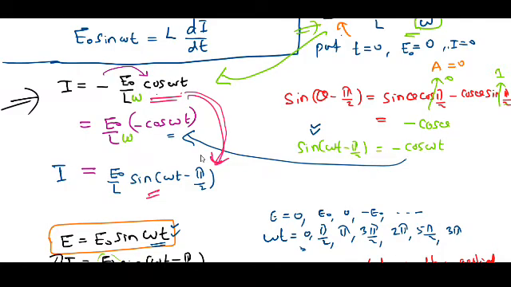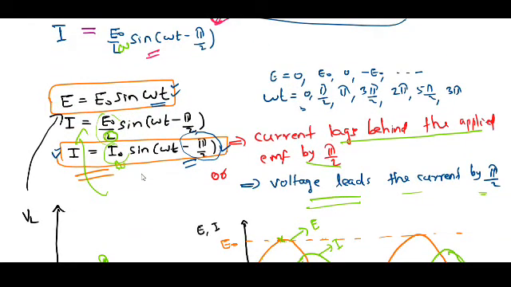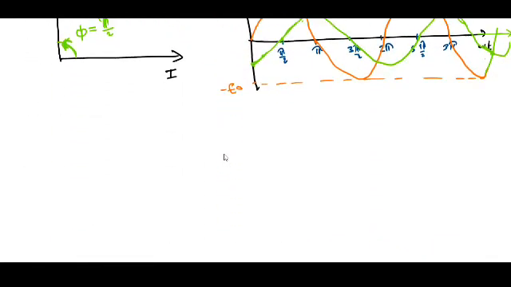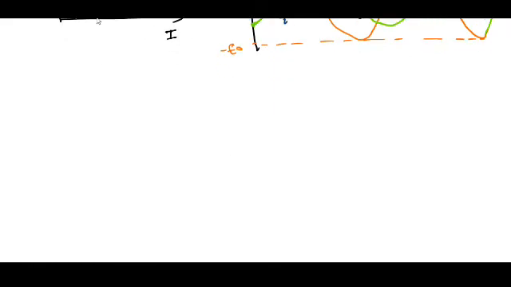Omega is here, omega is here, and here also that omega term is here, L omega. That is, our I0 is nothing but E0 by L omega. Fine. Once again I will copy that expression here. I is equal to E0 by L omega sin(omega t minus π/2).